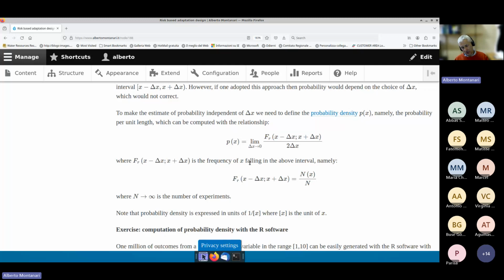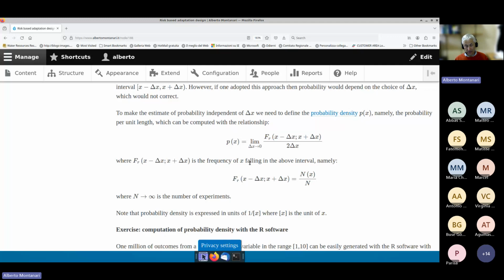I anticipate my plan today. I want to make the computation in R for a very synthetic case, like the random variable that I generated. But then I want to make another application by using real numbers that correspond to real world experiments.